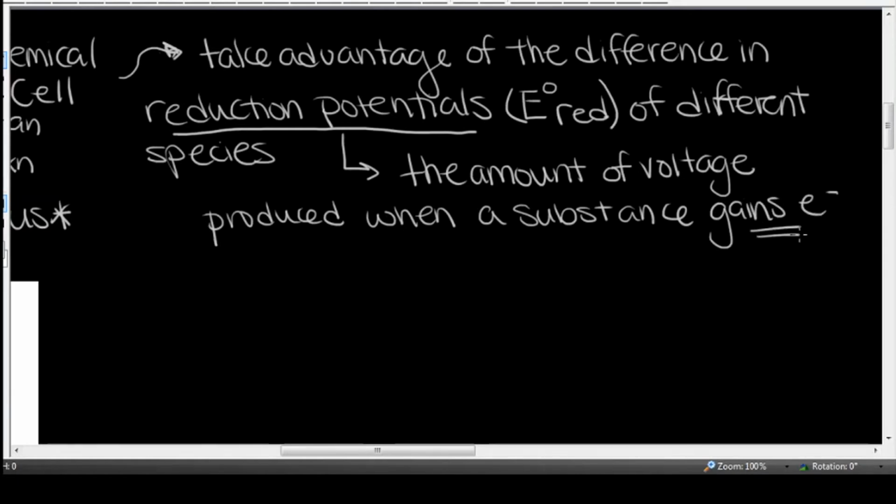Because remember, reduction is the gain of electrons. Now remember, they have to be getting those electrons from somewhere. Like those electrons have to be going to that species from somewhere else.